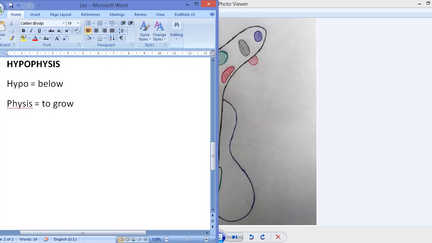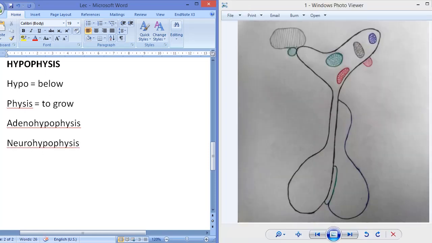I'm going to write its name, the adenohypophysis and the neurohypophysis. Adenohypophysis represents the endocrine part of the pituitary gland, while the neurohypophysis represents the neural part of the pituitary gland.